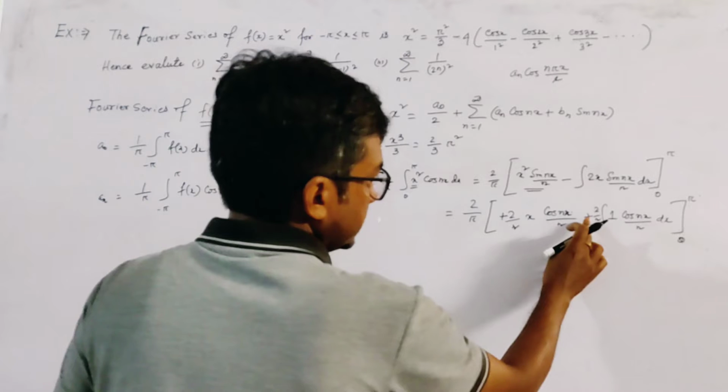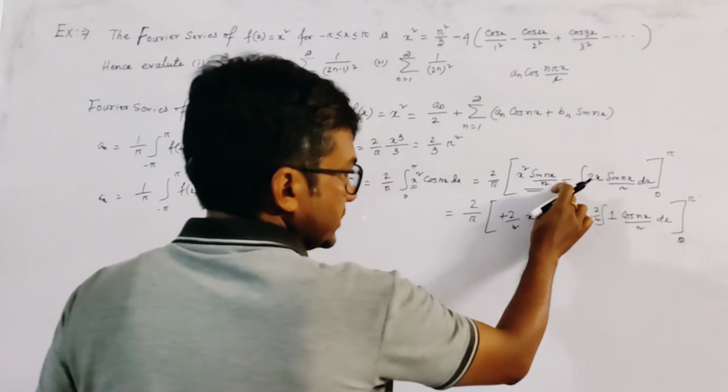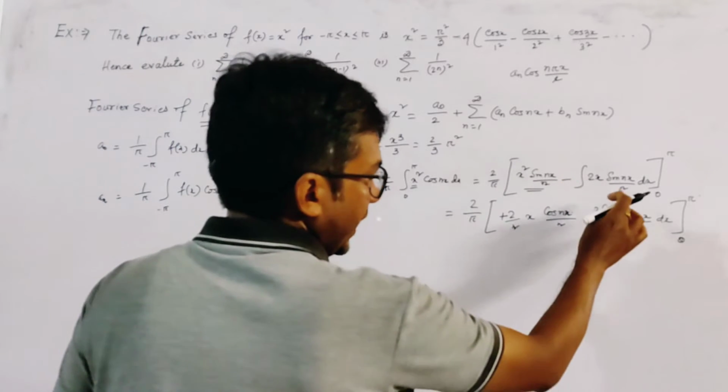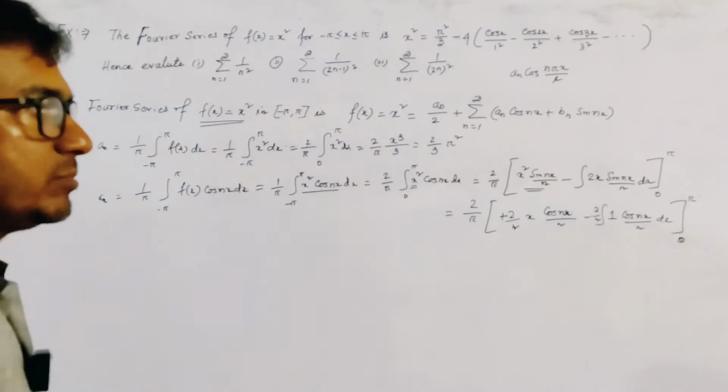Okay, this is also negative because here minus 1 is present, and from here we get minus, and in the formula there will be another minus.